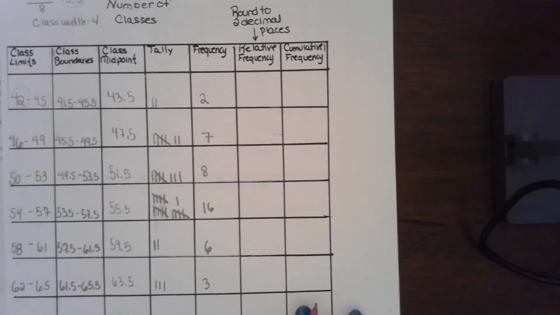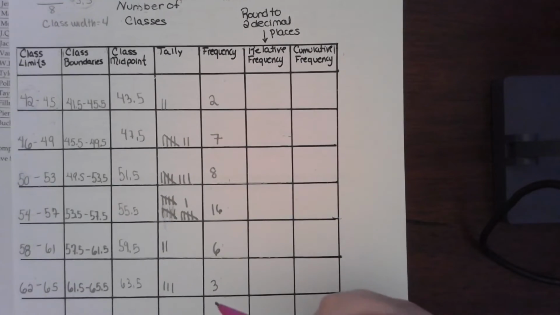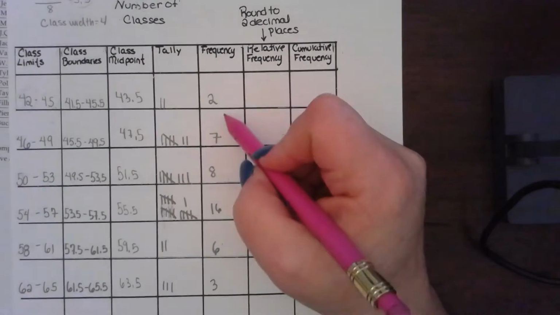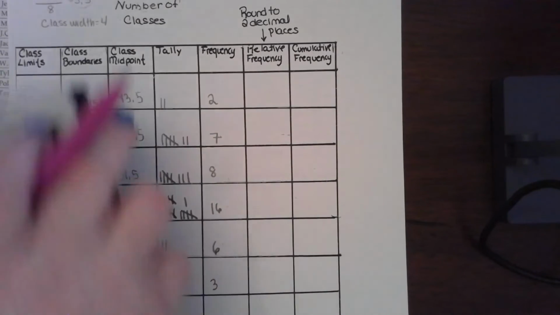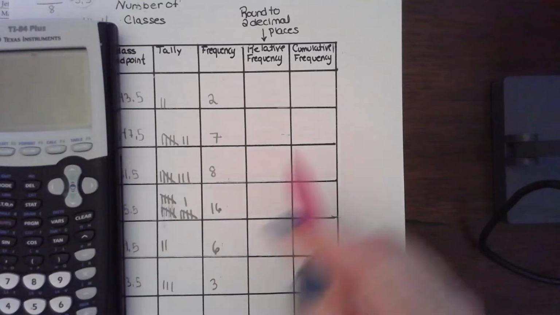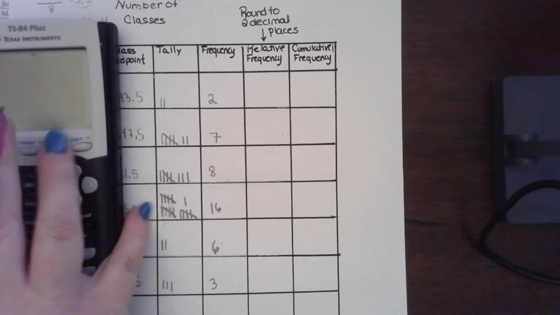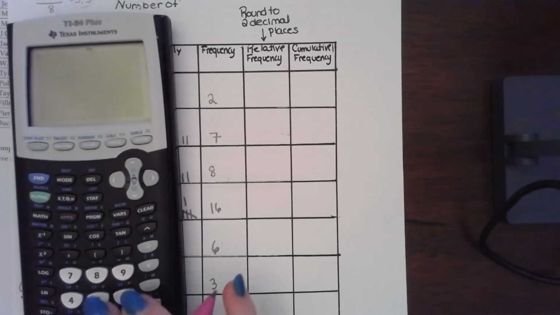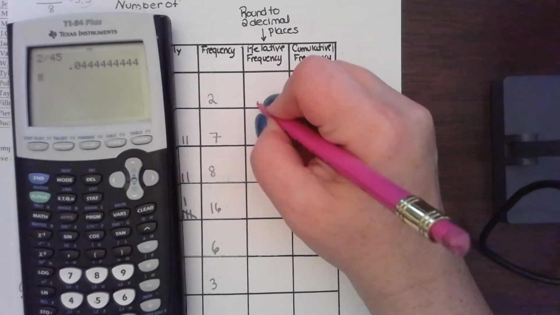Now for our relative frequency, when we do a relative frequency graph, we need that. What we're doing is taking our frequency and dividing it by the total. So our frequency is 2. I do 2 divided by 45, and that gives me 4%.